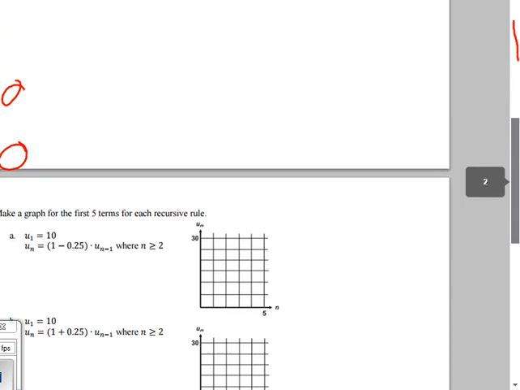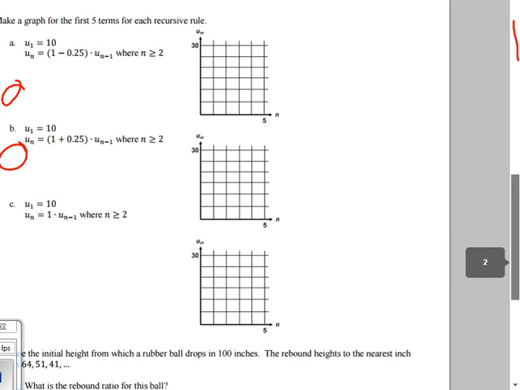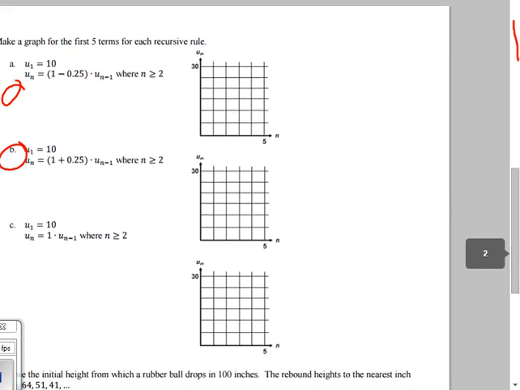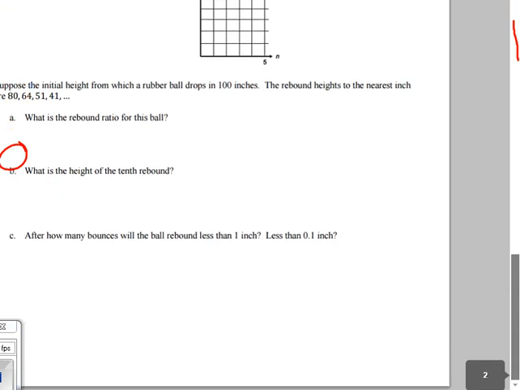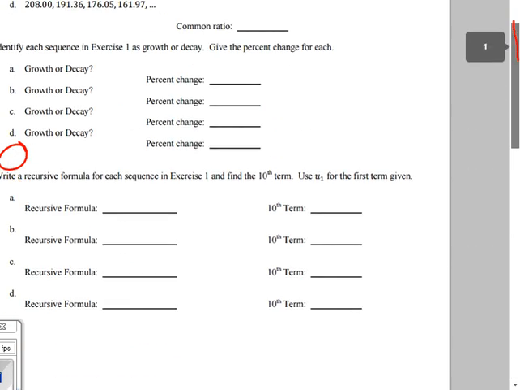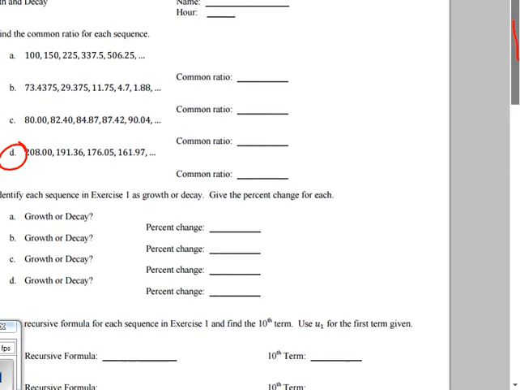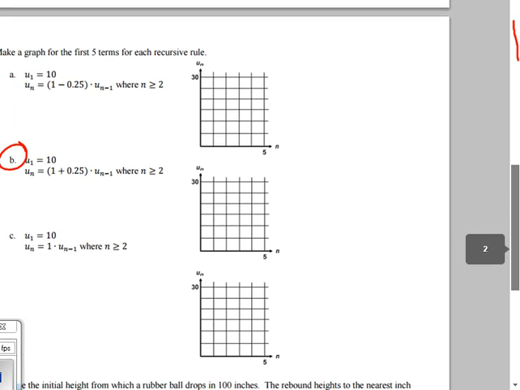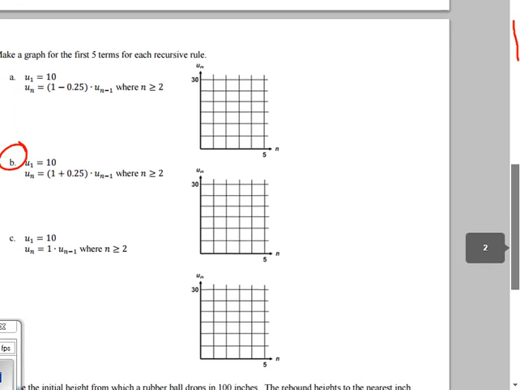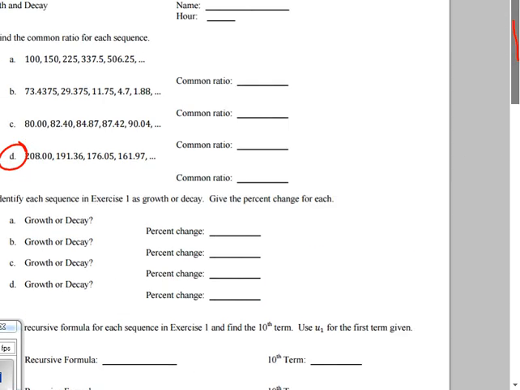And then just to finish off, for graphing, you can just do B on this number 4. And then I'll have you skip number 5. I like it. I think it's a good one to look at. But I told the other class we could skip it. So we're doing B and D of 1, 2, and 3. And then we're doing B in 4. And that's it. So real short assignment tonight.